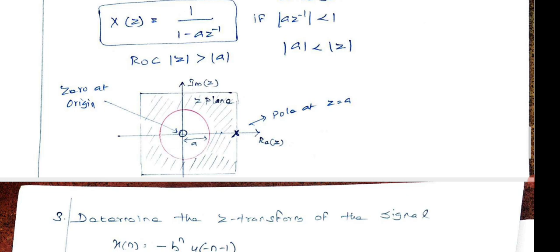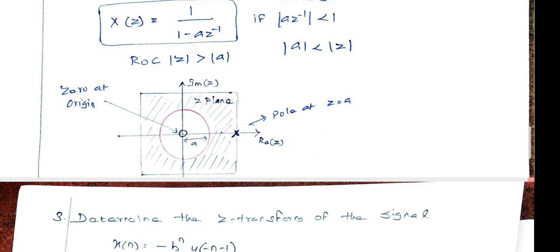Now we are going to draw the diagram for this ROC. The x-axis is the real part of z and the y-axis is the imaginary part of z. We know ROC of modulus of z greater than a means the z value should be greater than a. So we draw a circle from the origin with radius a.